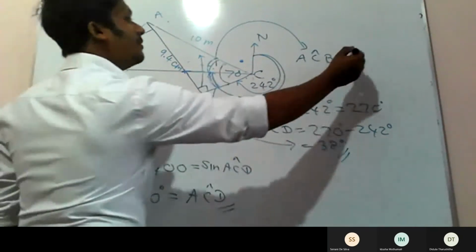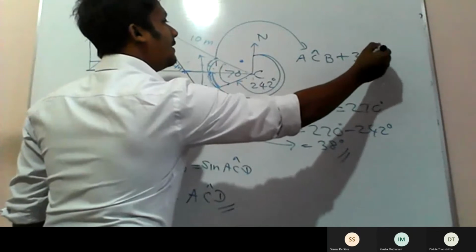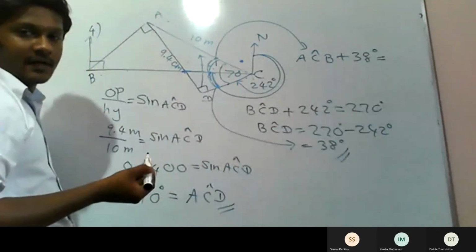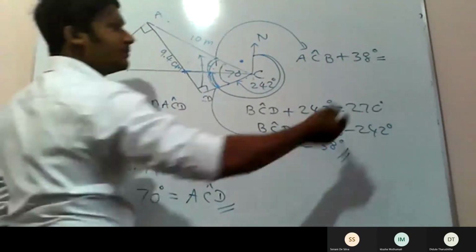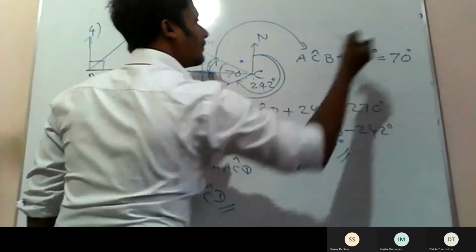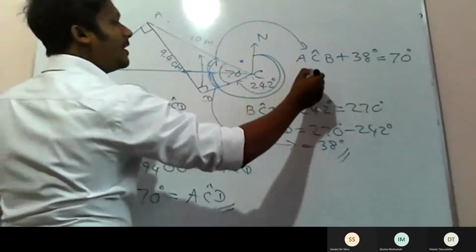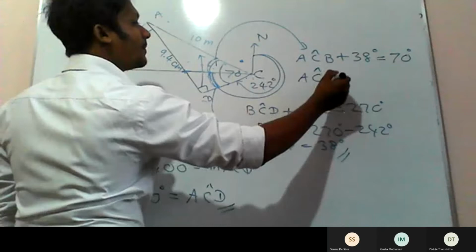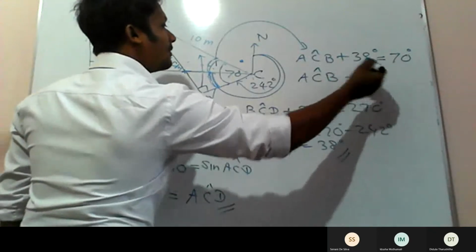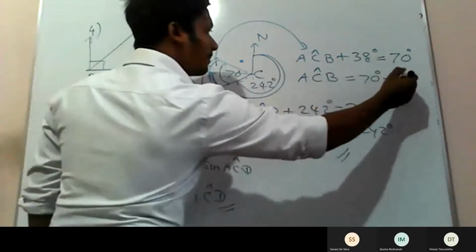ACB angle plus 38 degrees equals 70 degrees. Then ACB angle equals 70 degrees minus 38.